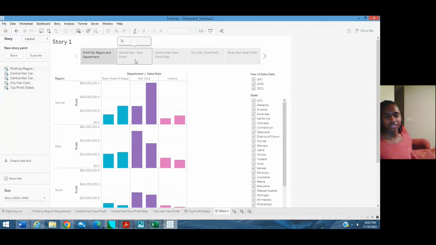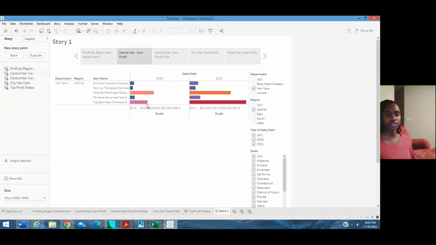So I drilled down and looked at only the hair care department within the central region, as you can see in this story. And this shows you how the hair care department from 2020 to 2021 grew over the year.